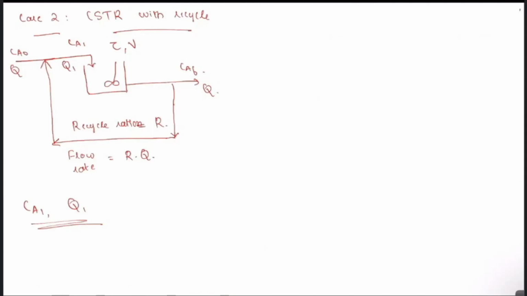So the design equation basically says tau is equal to V by Q1. Now this is not V by Q, this is V by Q1, and that will be equal to Ca1 minus CAF by KCAF. Notice the difference here.